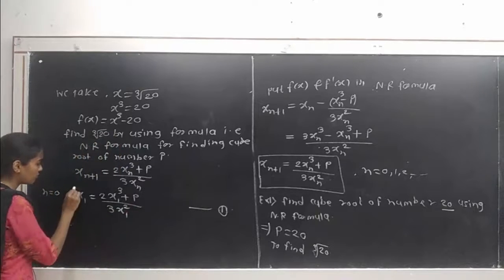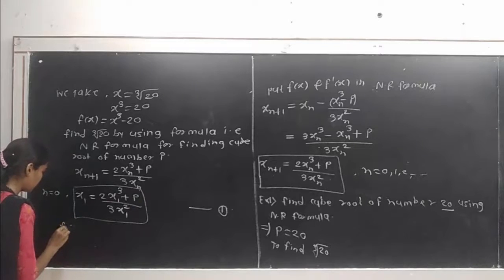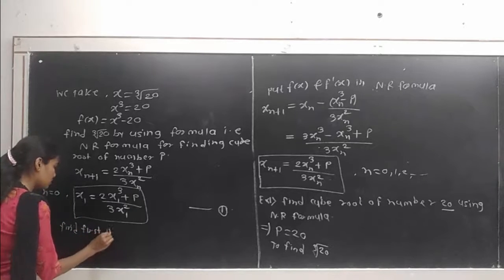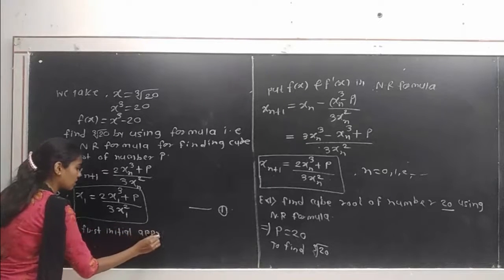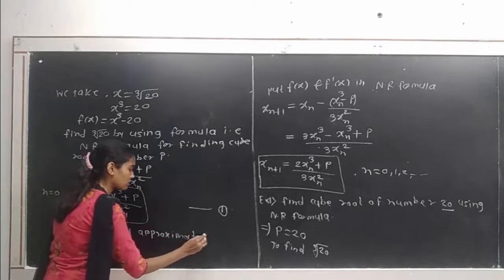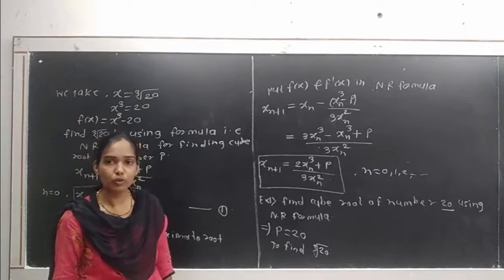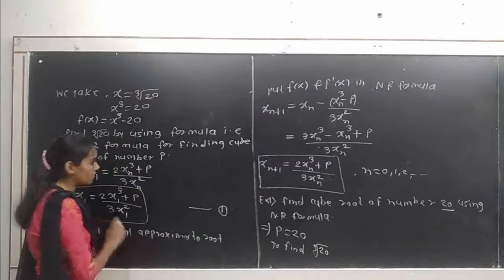So we first find the initial approximate root. For that, we consider the two nearest cubes of the number 20.